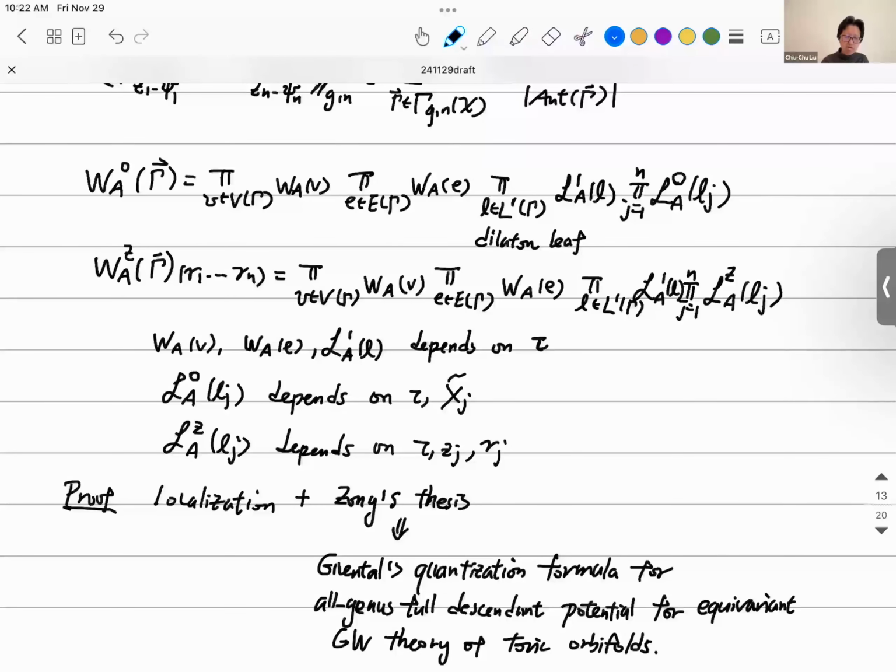So in particular, it doesn't need to be toric. And Givental's quantization formula should also hold in that setting. So this is much more general, and it doesn't have a restriction on dimension. It doesn't need to be toric, as long as you have finitely many fixed points and one-dimensional orbits.